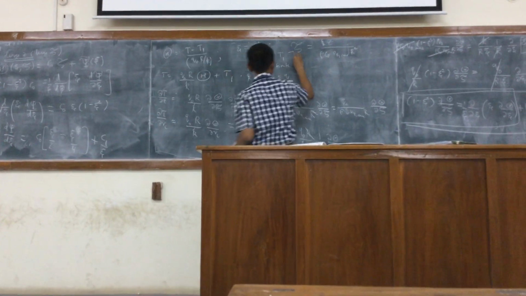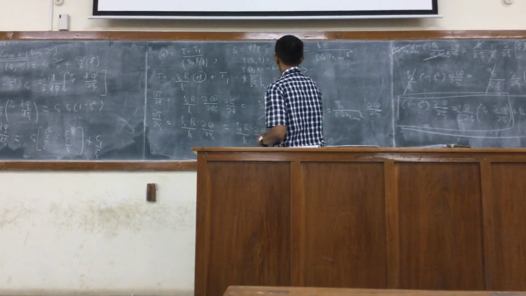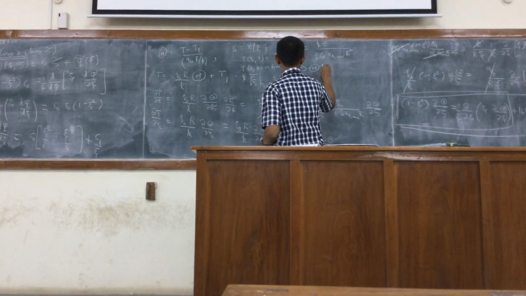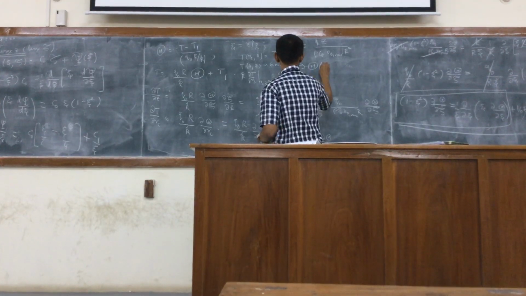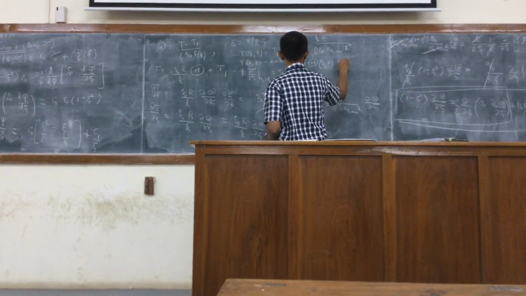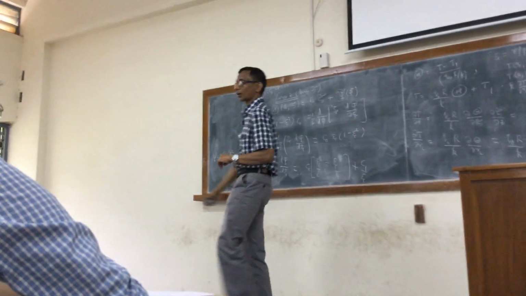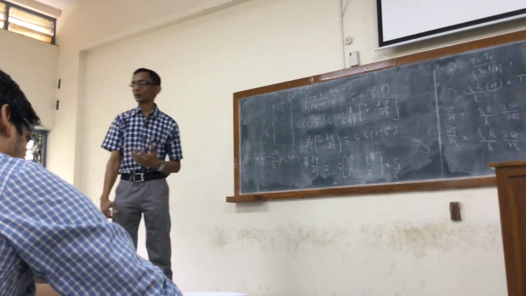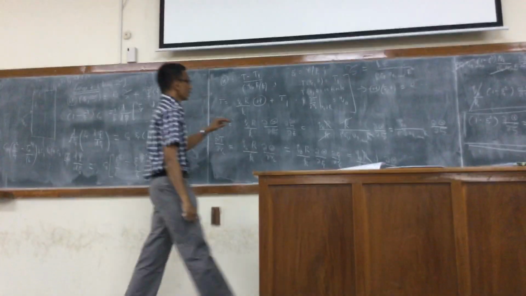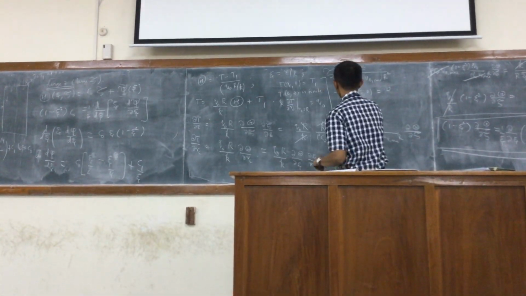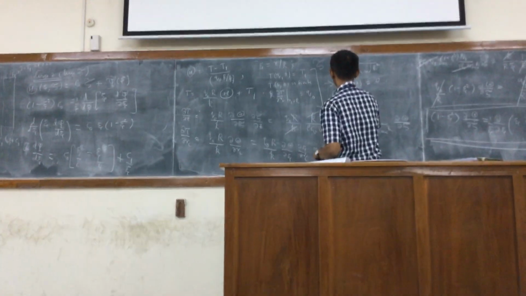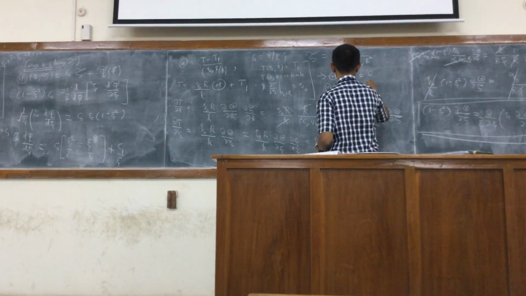But I can now translate this in terms of theta. So theta at psi equal to 0 is simply 0 because T is equal to T1 and z equal to 0. And then we get that theta at psi equal to 0 is finite.